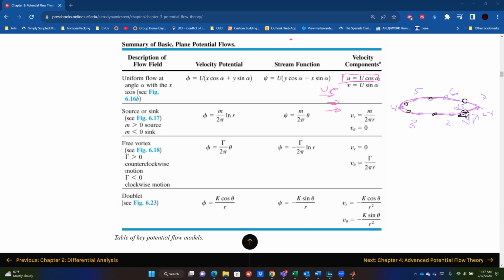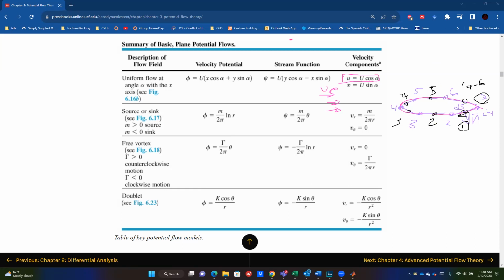Here we have the vertex, and for the control points, this is going to be 6, here 5, 4, 3, 2, and then 1. That's because the control points are at the centers of the panels, and there's always one extra vertex.